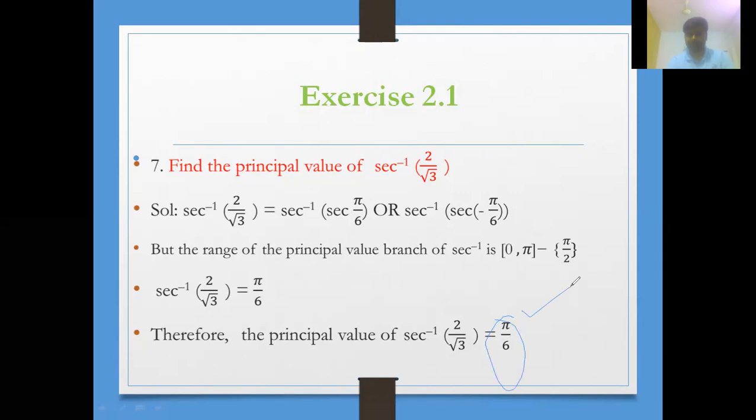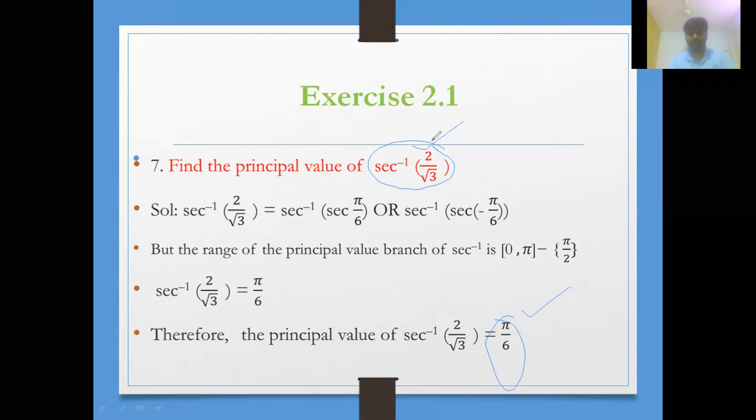But we have to make sure, first of all, what is your first step? Before writing any step while solving a problem in inverse trigonometric functions, what is your duty? You have to recall its range. Tell me what is the range of this? 0 to pi, closed interval, except pi by 2. So this thing we have to remember before solving any problem.